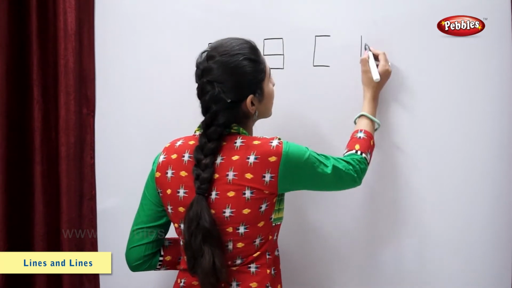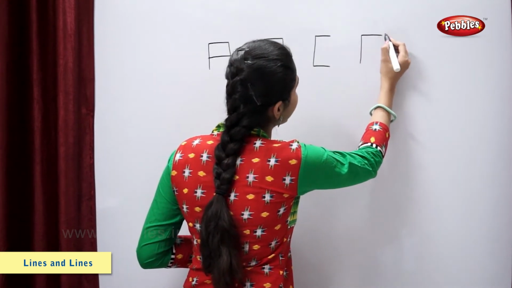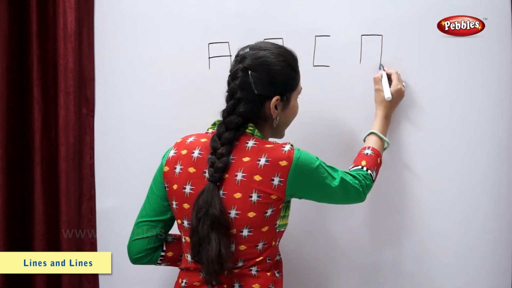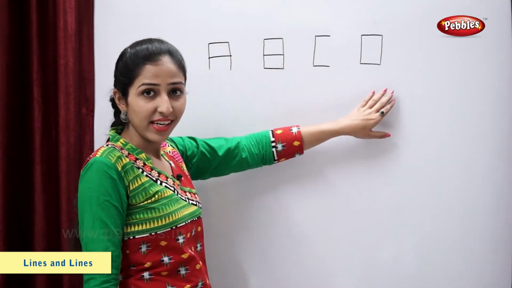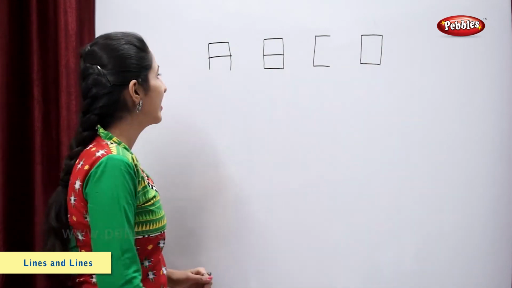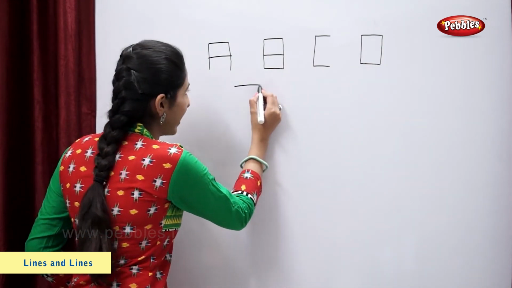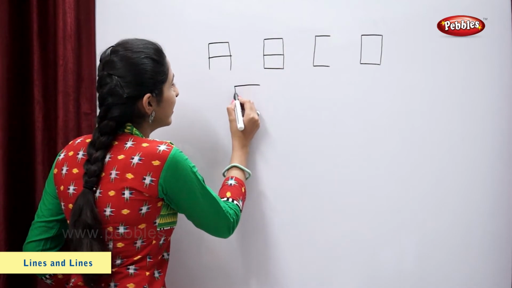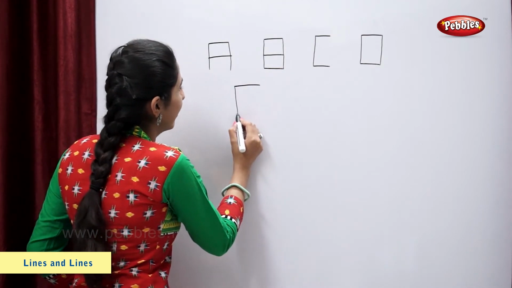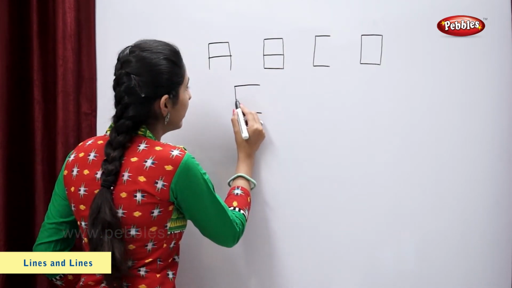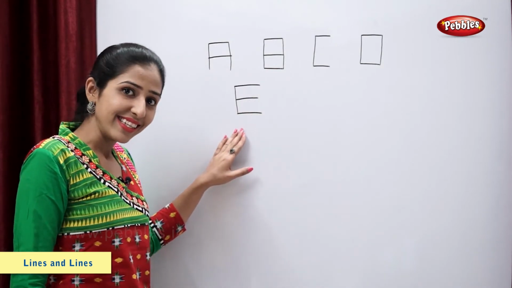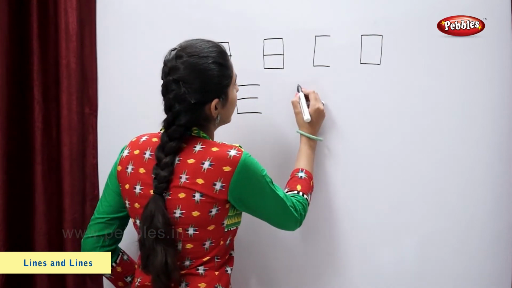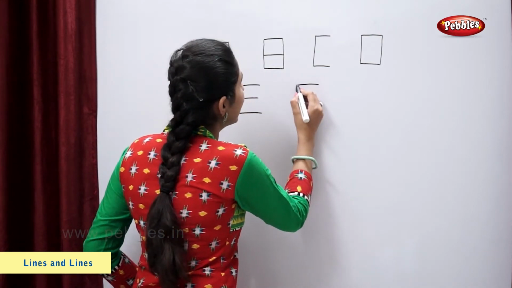Standing line. Sleeping line. Standing line. Sleeping line. Letter D. Sleeping line. Standing line. Sleeping line. Another sleeping line. Letter E. Sleeping line.